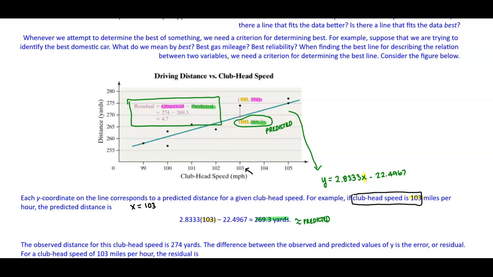The residual is the difference between these two y values. So by taking the observed y value, 274, and subtracting the predicted 269.3, we get the residual of 4.7.